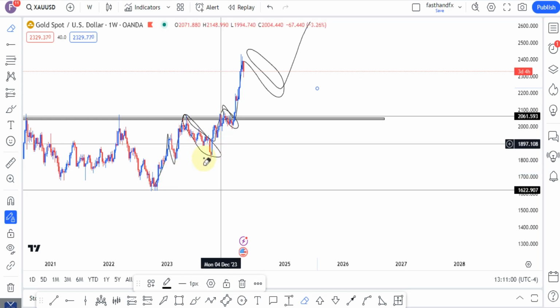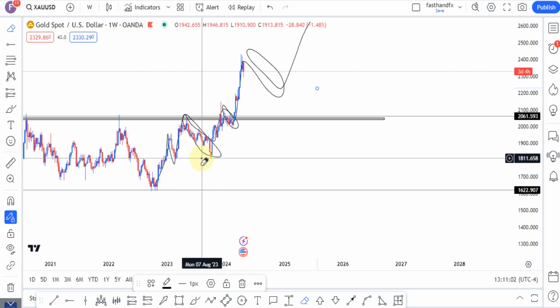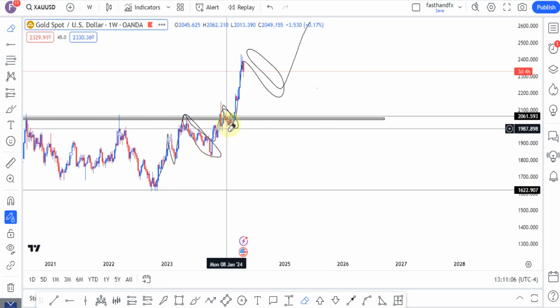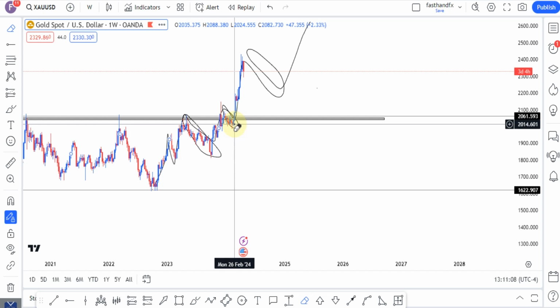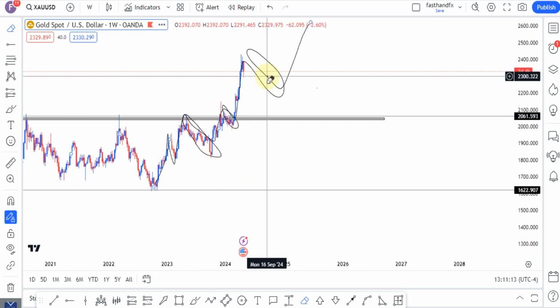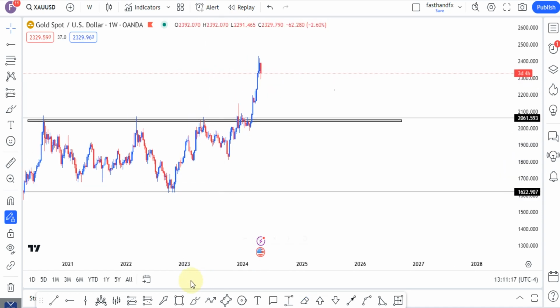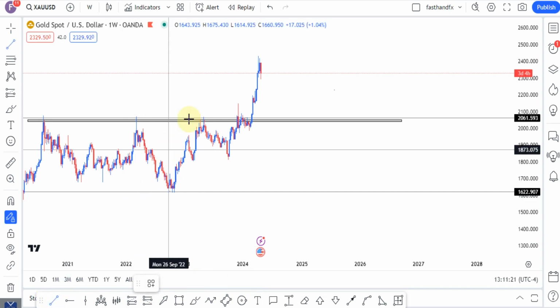So let's go to the lower time frame and try to see these patterns clearly. Let me delete this. These corrections, sometimes we do call them flags.